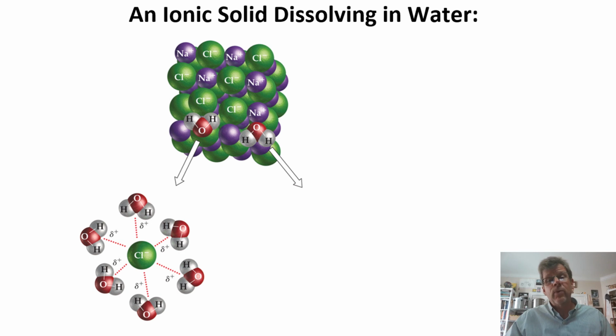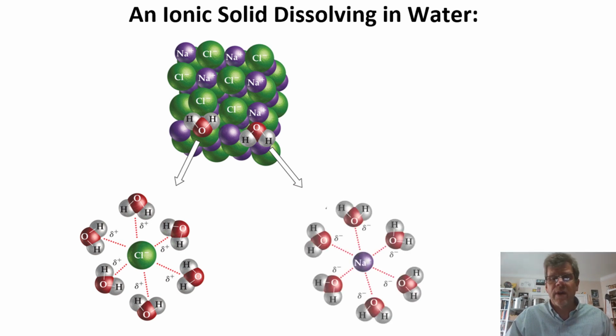The same can happen when we dislodge a positively charged ion, in this case sodium. What would happen? Well, it too immediately gets surrounded by a spherical sheath of water molecules, but look how they're oriented here. They're backwards from the previous one, where we have the negative dipoles on the water molecules associating with the positive charge on the sodium cation.